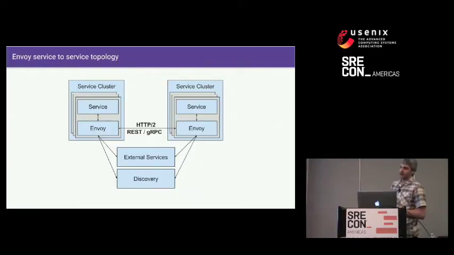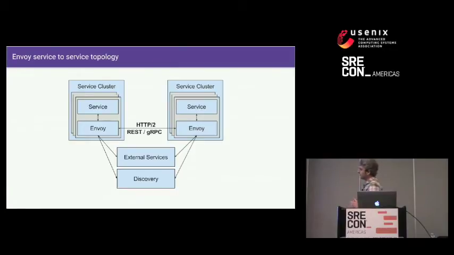So at a super simplified level, this is what an Envoy service-to-service topology looks like. We have multiple service clusters, and a bunch of service nodes within those clusters. We have an Envoy running alongside each service. It doesn't matter whether the service is written in Go or PHP or Python or Scala or Java.